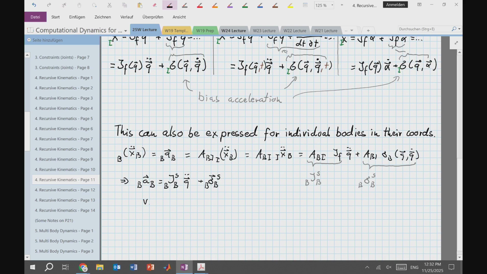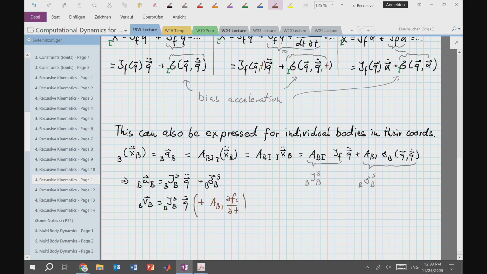And in a similar way, we could write the velocity of some body B as the exact same Jacobian of this body B times q dot, plus potentially some direct partial time derivative that we would see in scleronomic joints.